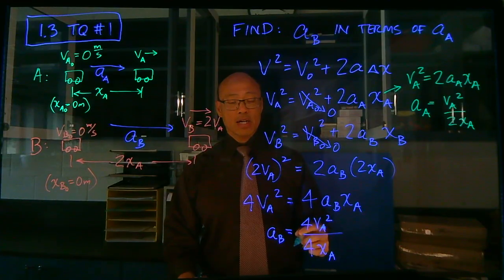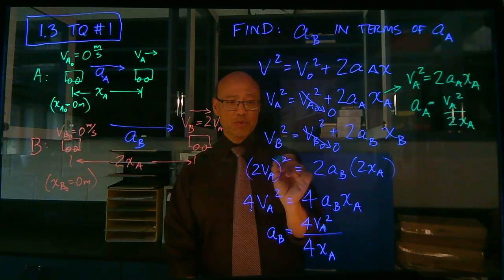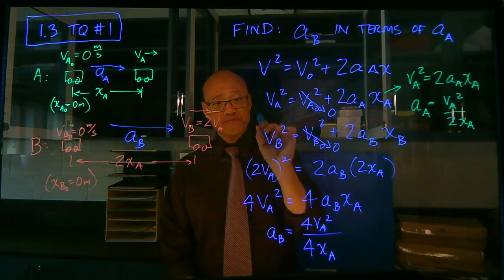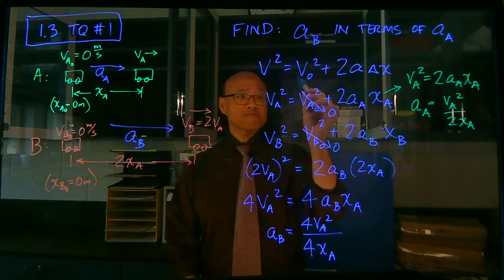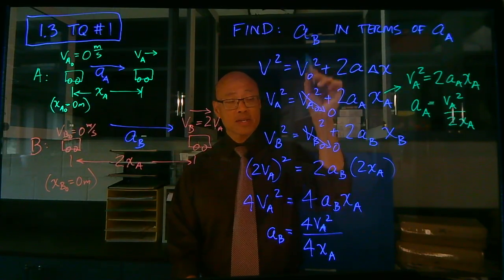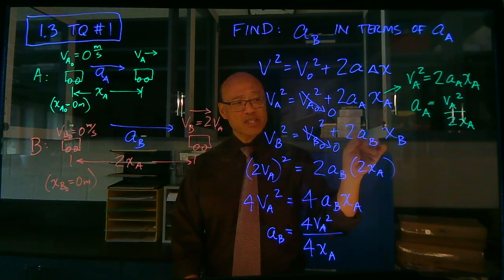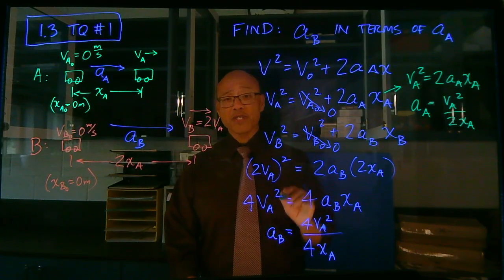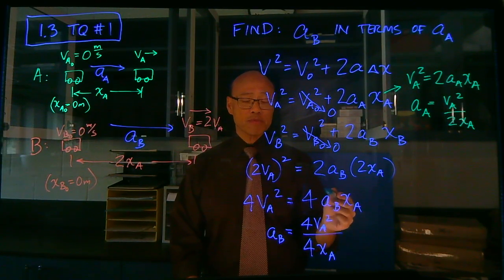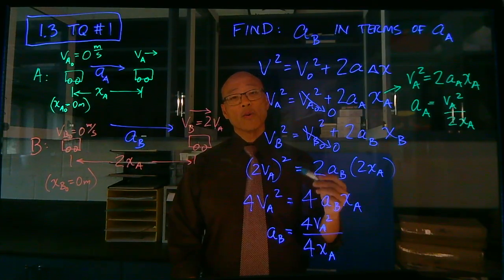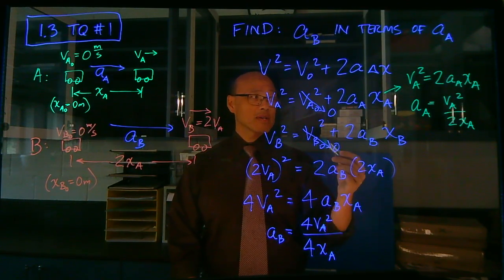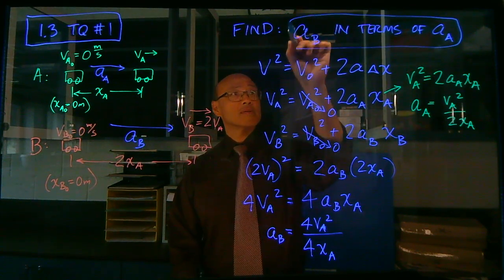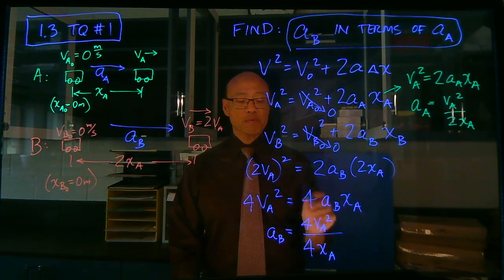In fact, I would say the real physics know-how was picking the equation, realizing that you're just trying to find this, so you should have to isolate for that guy. But really, the physics is done almost when you pick which equation to use. The rest is mostly math skills, right? And seeing what pattern stands out that gets you to see what that is, AB in terms of AA.